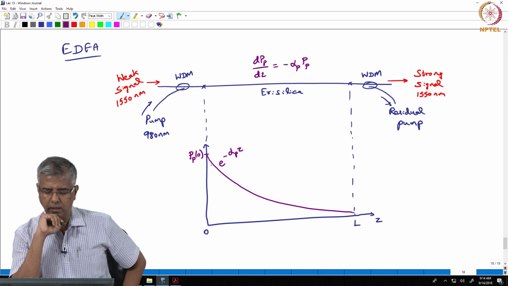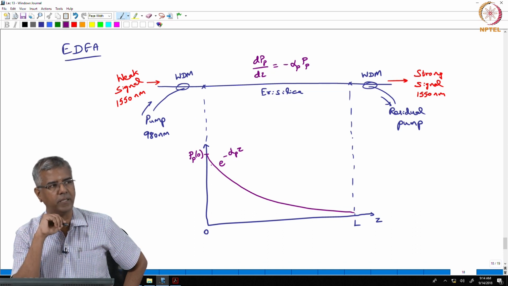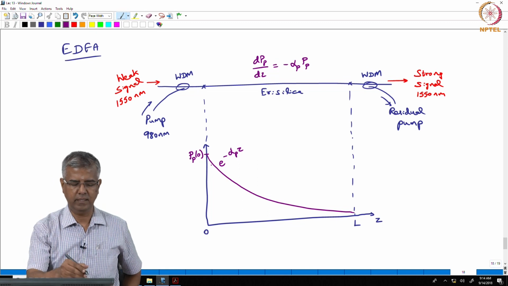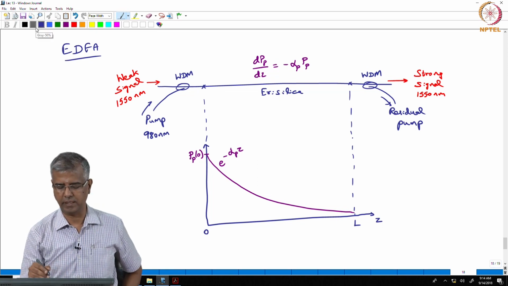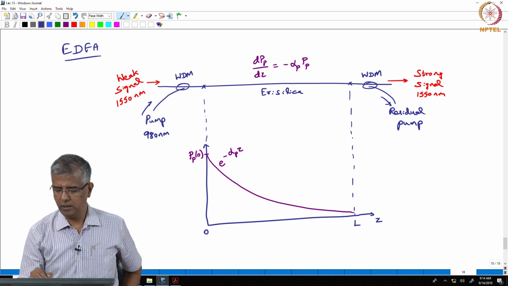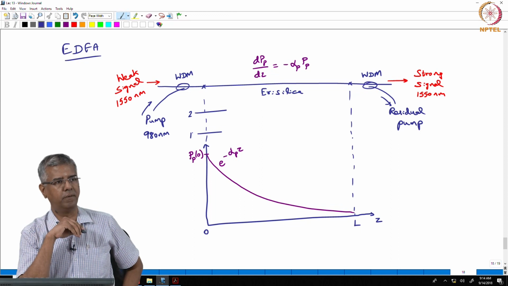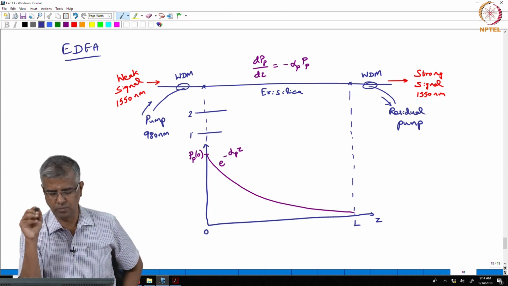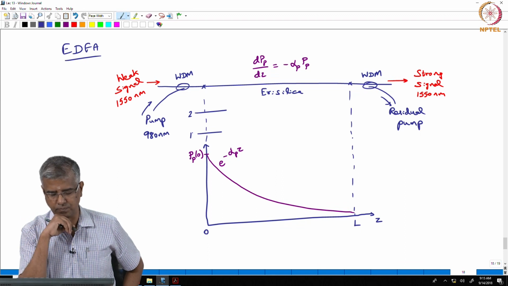So, what does that mean as far as your population inversion is concerned? Let's think about that for a second. Let me just, for simplicity, consider these two energy levels. We do have a third energy level in erbium, right, but we are not paying attention to that.